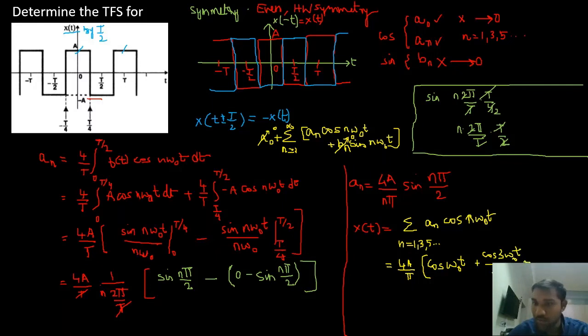Then for n equal to 5, I have cos 5 omega naught t divided by 5, with the magnitude again 4A by pi common, and so on. This is my representation of x of t in the trigonometric Fourier series.